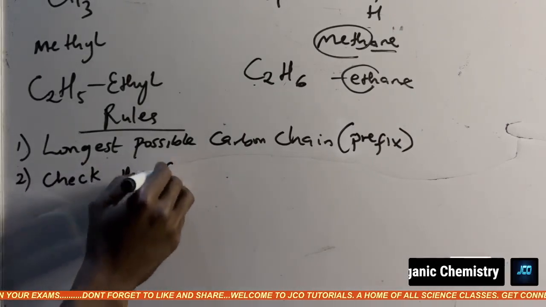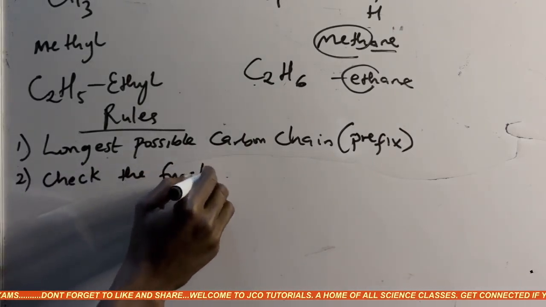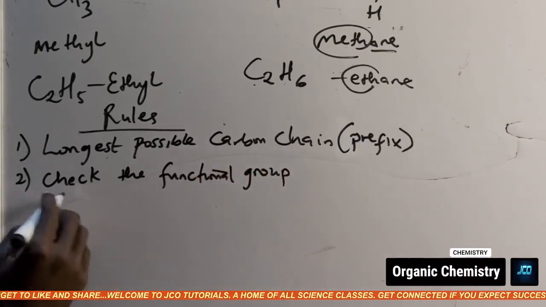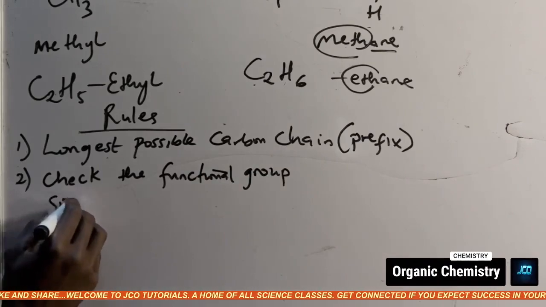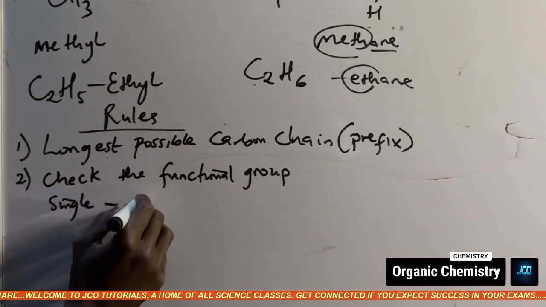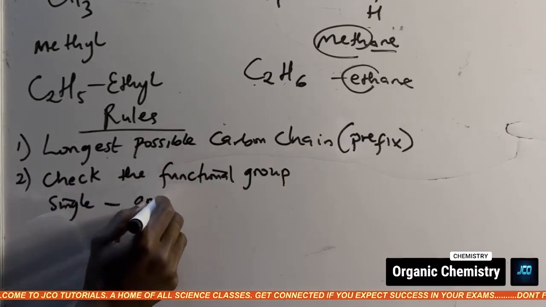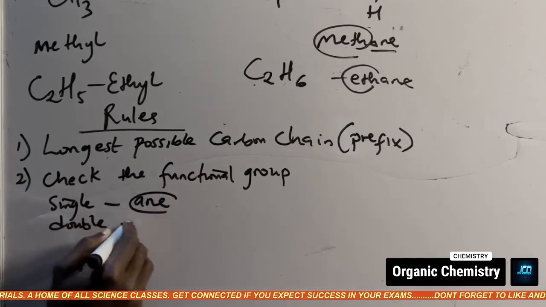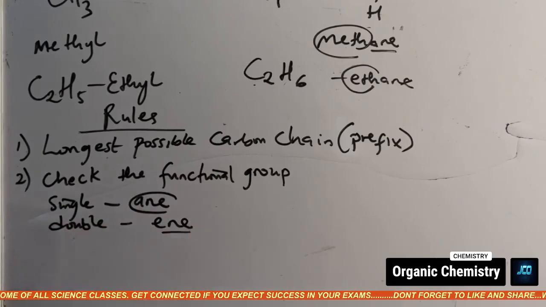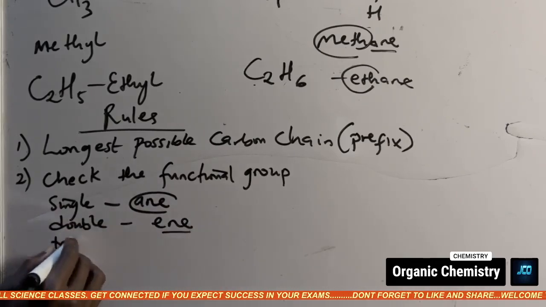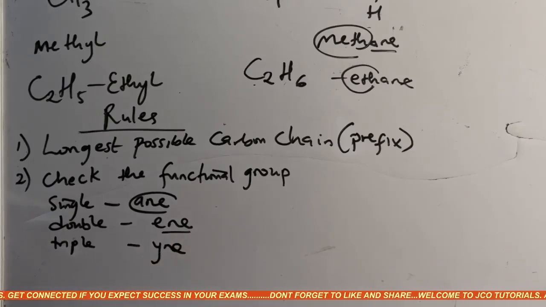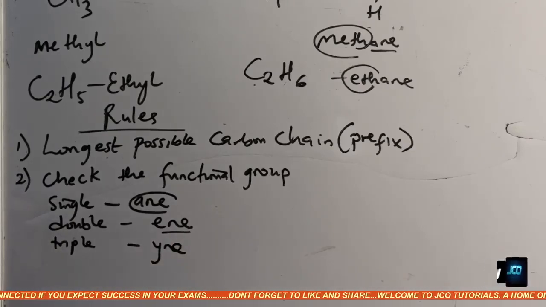Then number two, after identifying it, you check the functional group. If it is single bond, it's going to be alkane, so ANE is going to be the addition. If it is double, it's going to be alkene, ENE. If it is triple, it's going to be alkyne, YNE. So take these two rules as we begin.